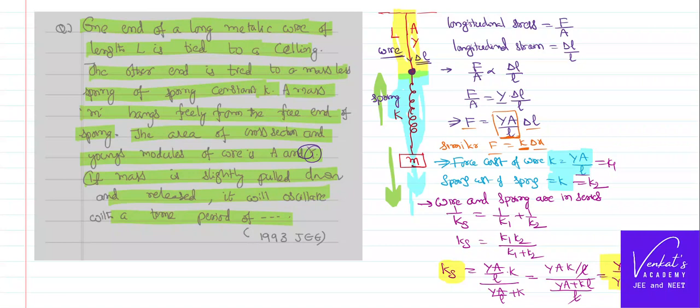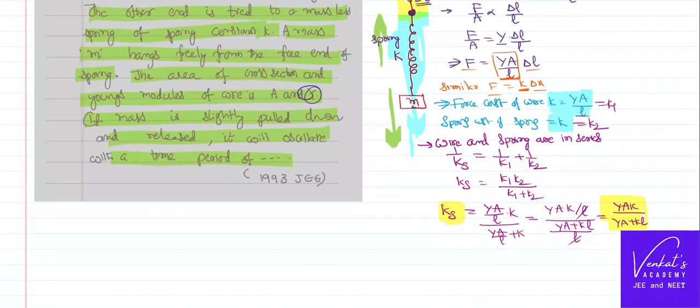Once you know the effective spring constant of the system, it's very easy to find the time period of that oscillatory motion. The formula for the time period is T equal to 2 pi into root of m by k effective, or k series. We know the k series already. T equals 2 pi into root of m divided by YAK by YA plus KL, all under square root.